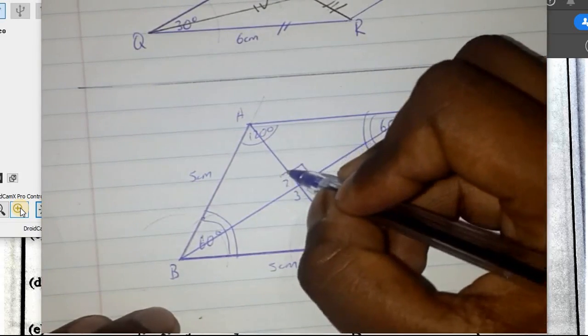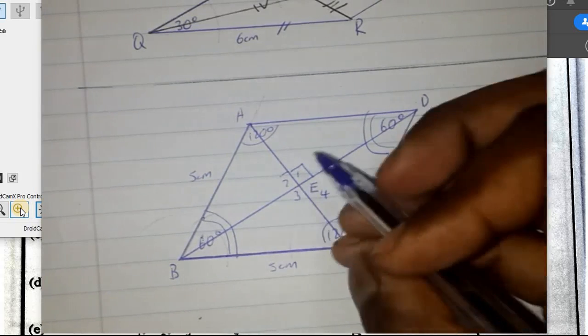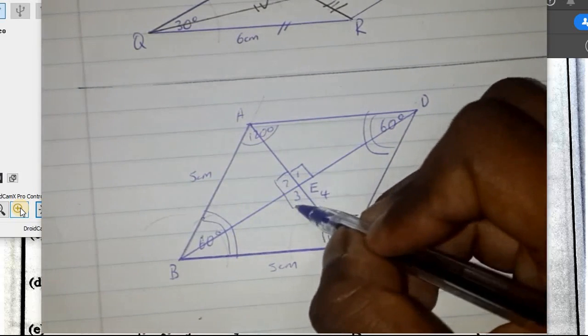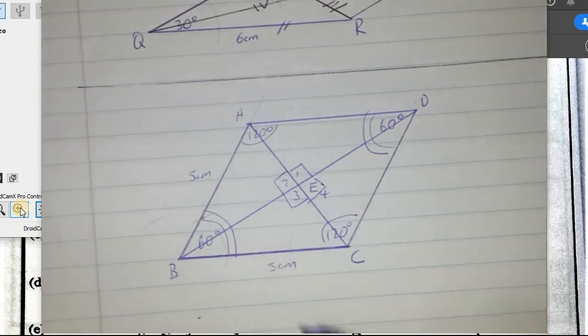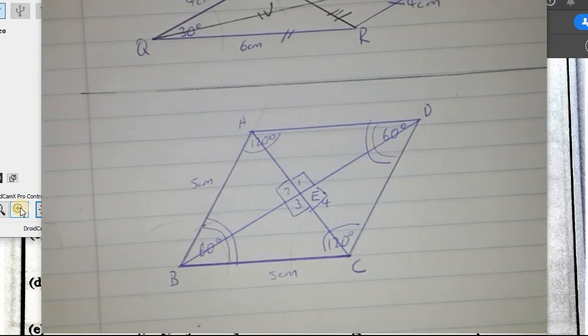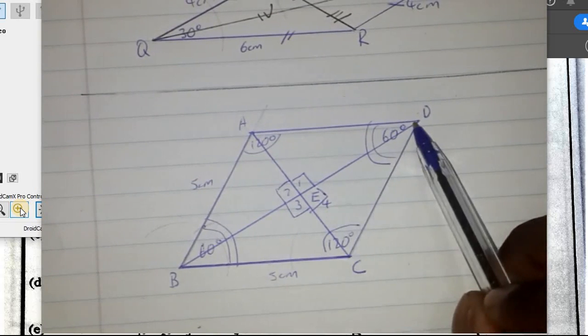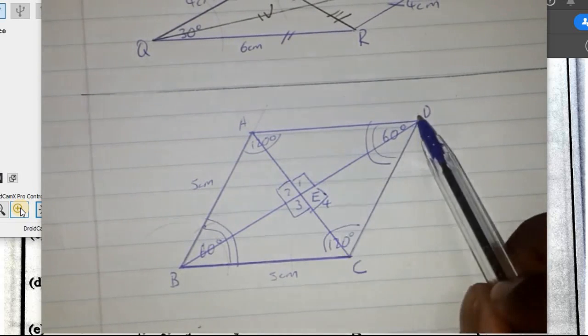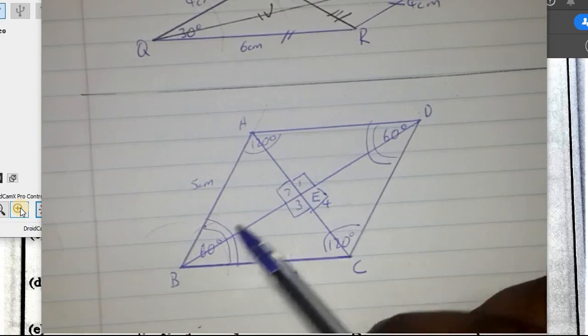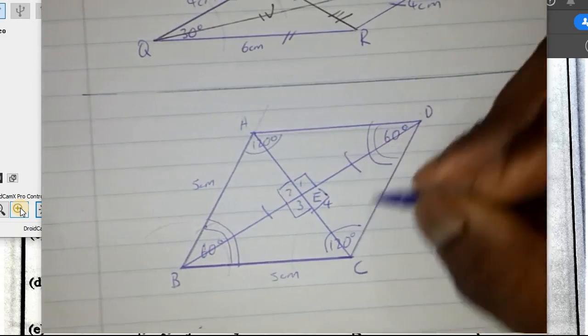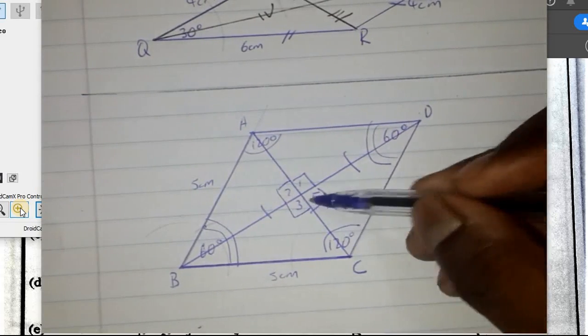You're also gonna realize that E1 was 90 degrees, E2 90 degrees, E3 90 degrees, E4 90 degrees, and that's what they want you to conclude. They also want you to conclude that when you measure from E to D, and from B to E, they are the same.